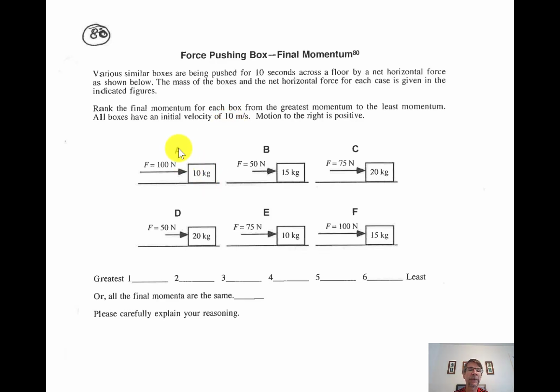So for example, box A is starting, before the application of the net force, with a momentum of 100 kilogram meters per second to the right. And it changes by the impulse, which was 1,000. So its final momentum is going to be 1,100 newton seconds, which is equivalent to 1,100 kilogram meters per second to the right.